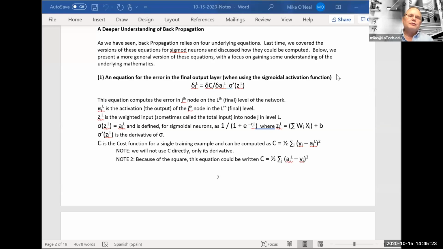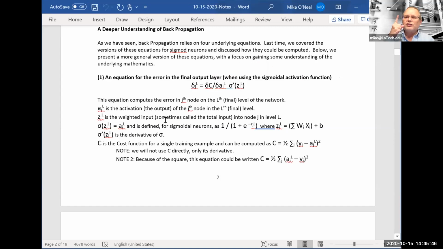Here is the actual equation as it's normally written for computing the error in the final layer of the network. So remember, we have three basic equations.